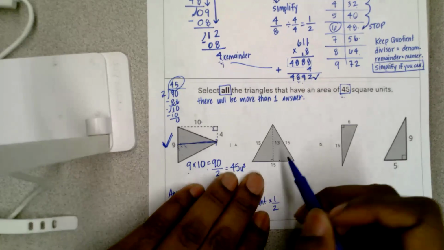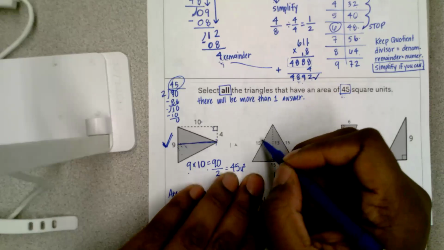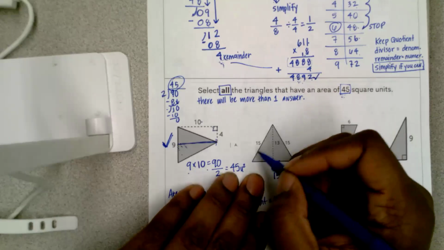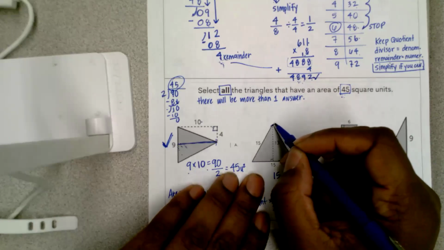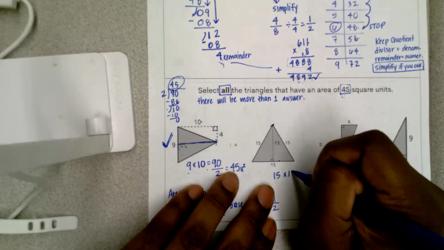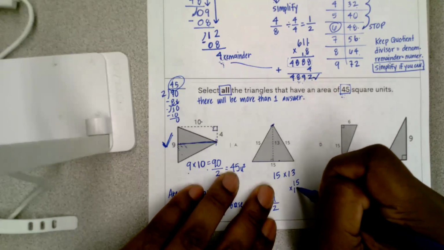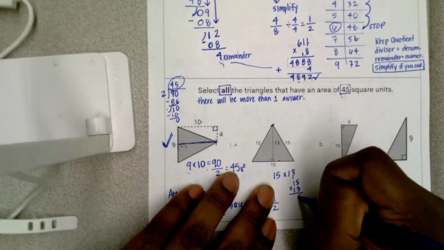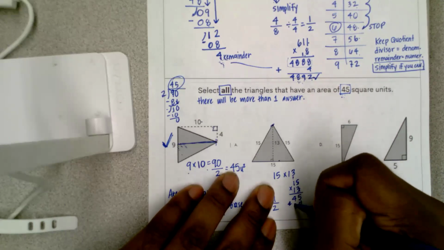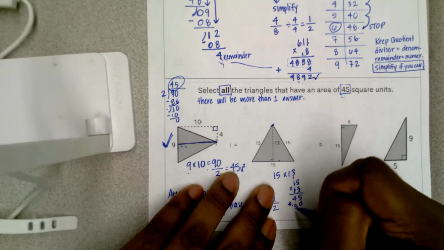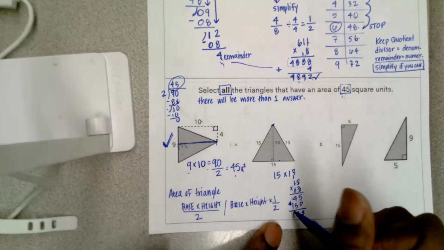This one, our base is 15. Our height is not that slant because there's no opposite vertex. There's no opposite vertex, but here is the opposite vertex at a perpendicular line. So you multiply 15 times 13. And 15 times 13 is 195.